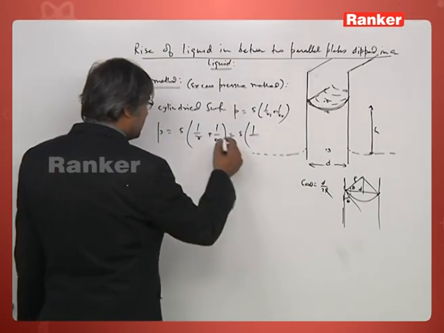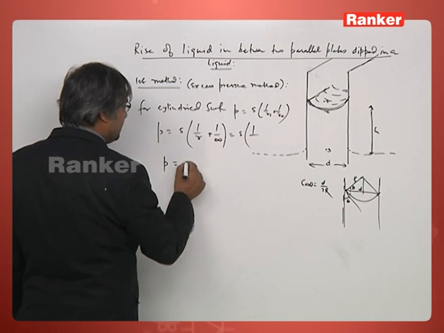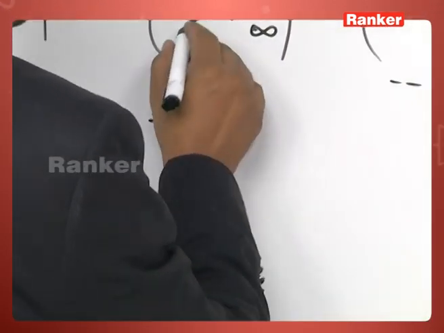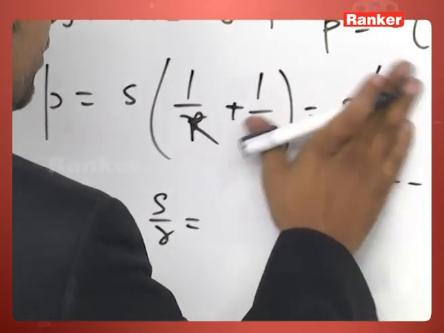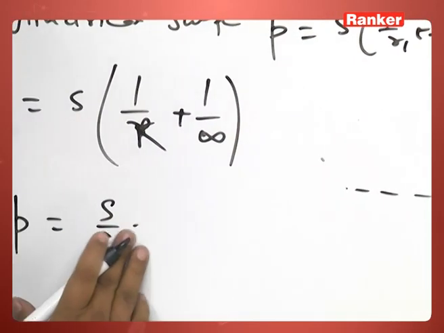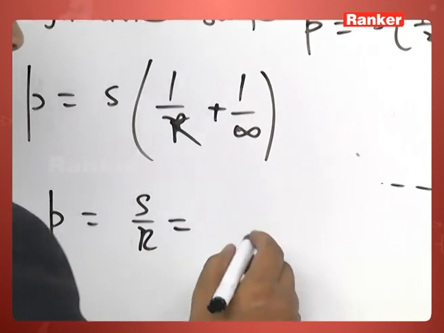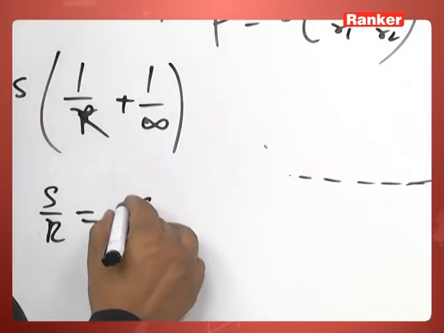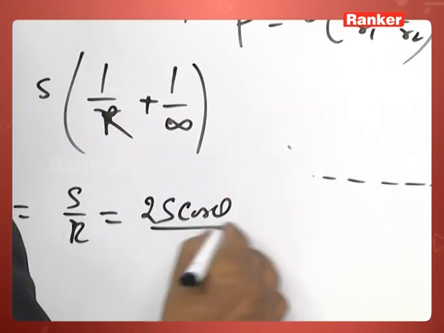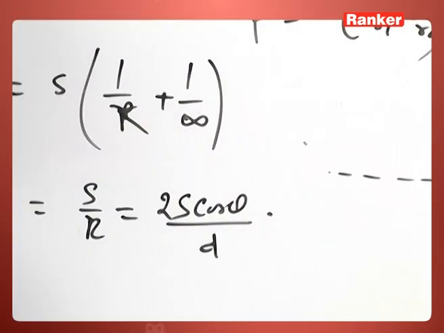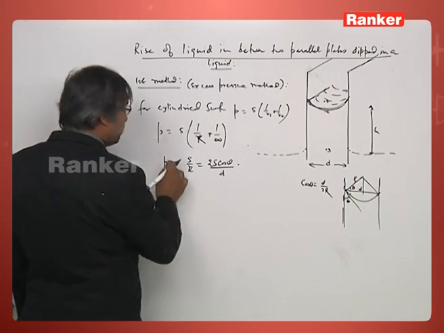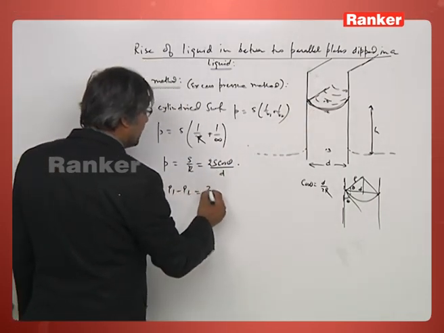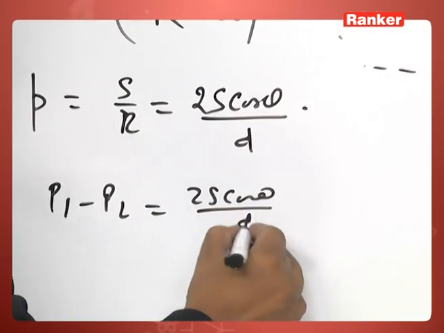We have to put this R here. So, P is equal to S by R, where R is the radius of curvature. So, 1 by R is 2 cos theta by D. Thus, we have the excess pressure P1 minus P2 as 2S cos theta by D, one relation.